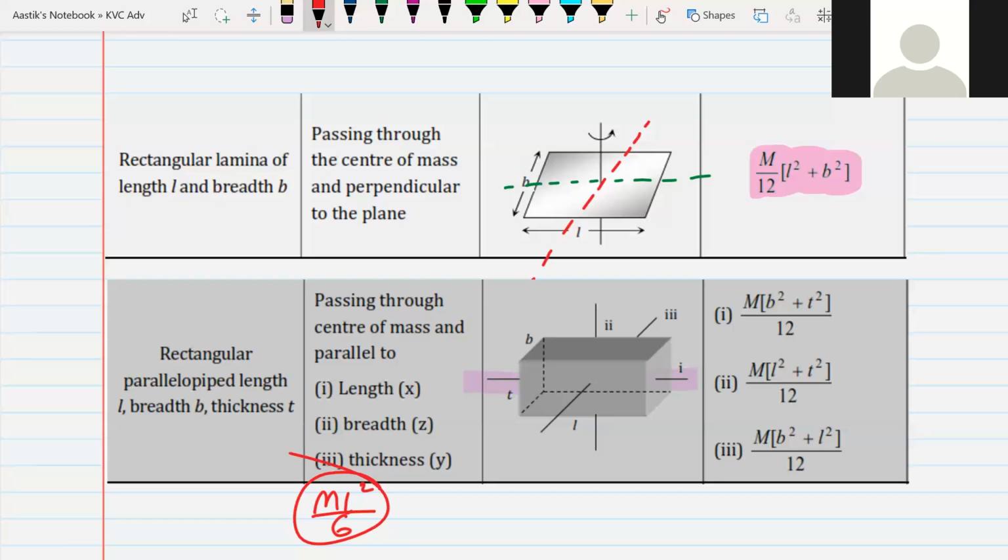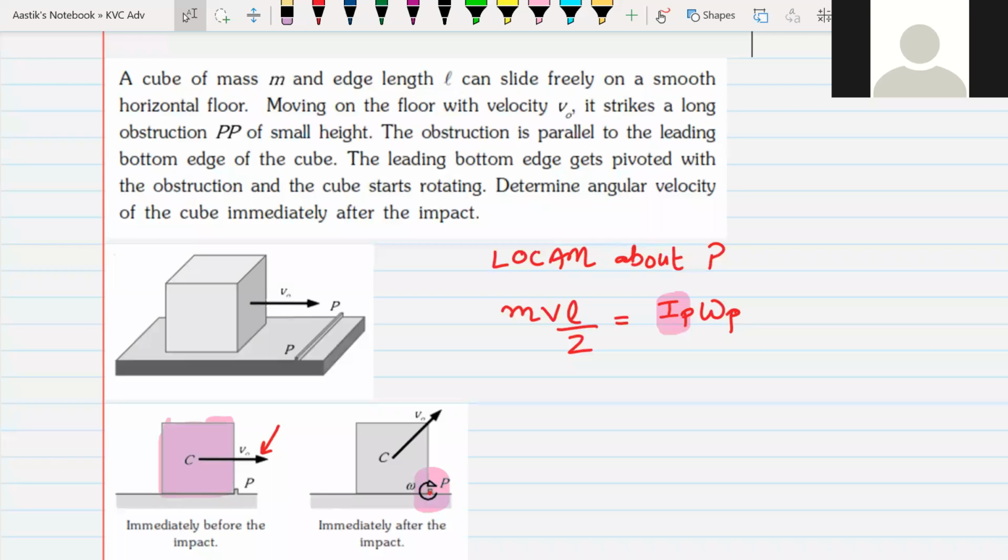So, let me now come back to the question. Can you now give me the answer for this question? It is 3V by 4L, sir. 3V by 4L. That is absolutely correct. Now, you must understand that the entire question depended on two simple things.